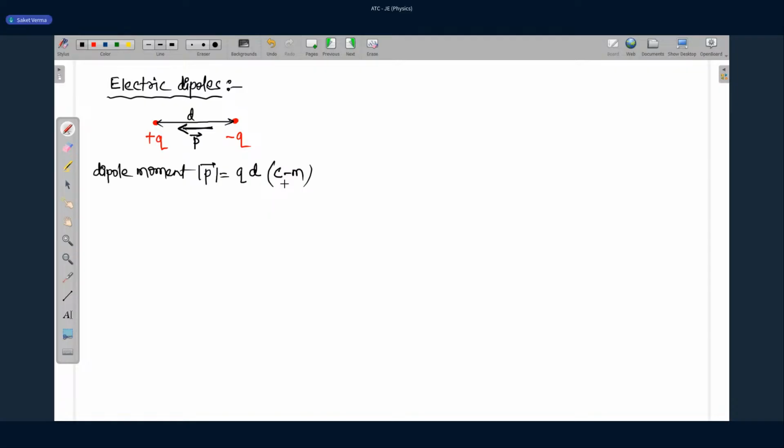So these are important points about dipoles. There are the electric fields at different points. That is known as the equatorial line, and these are known as axial lines. Suppose there are two charges here, minus q and plus q.